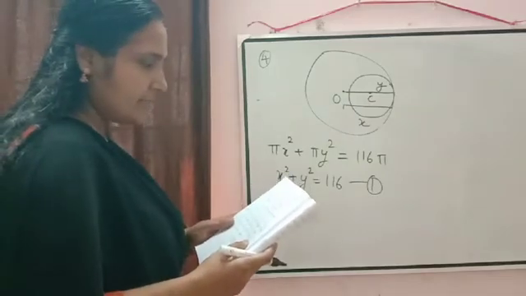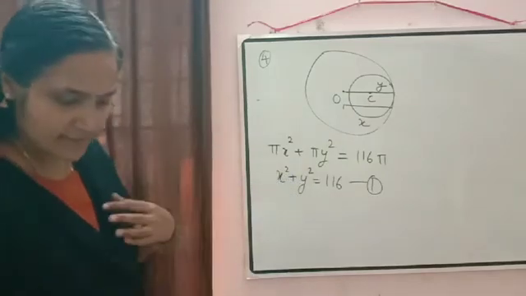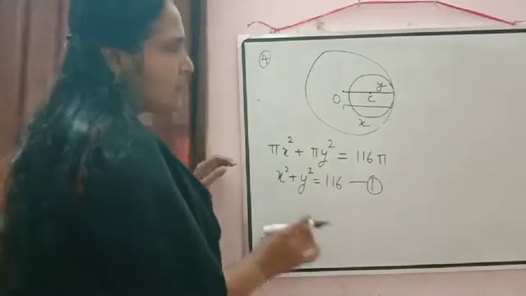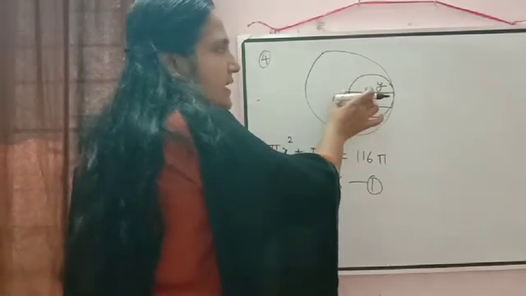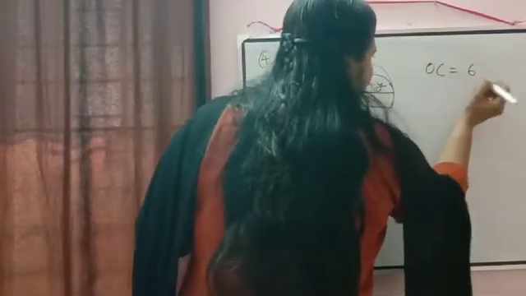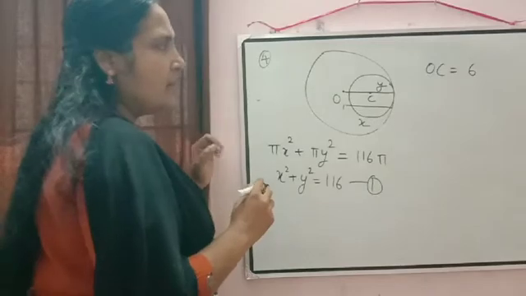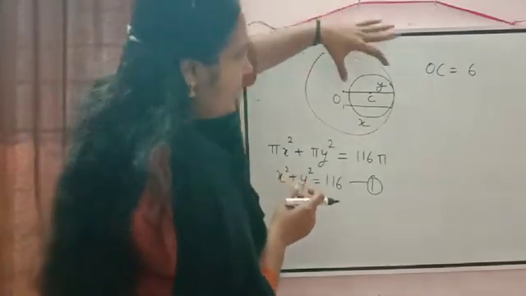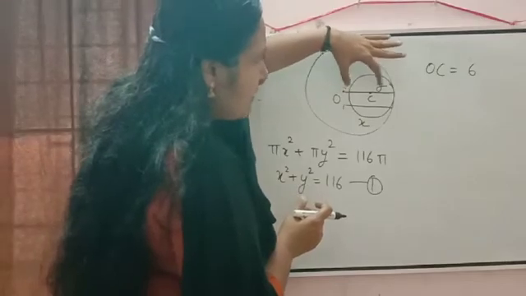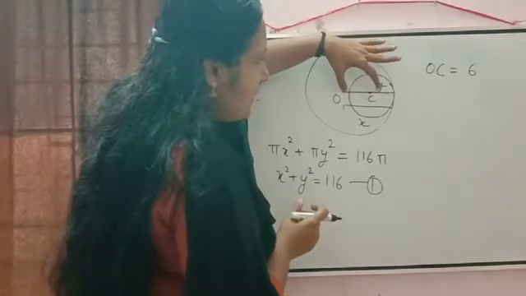Then it is given the distance between their centers is 6 centimeter. What is the distance between their centers? Yes, the distance between their centers is OC. So it is given OC is equal to 6 centimeter. Now check from the figure, what will be OC? Just to check, OC can be calculated in this way.